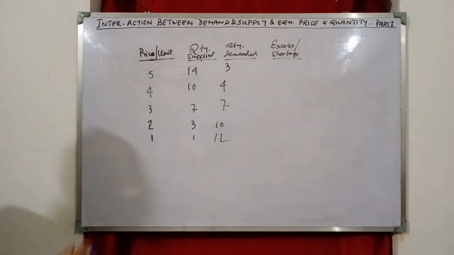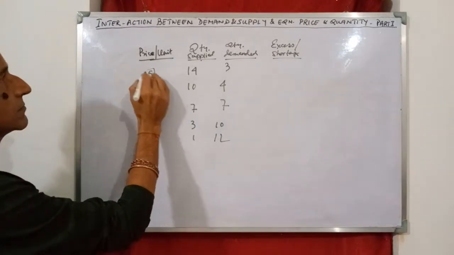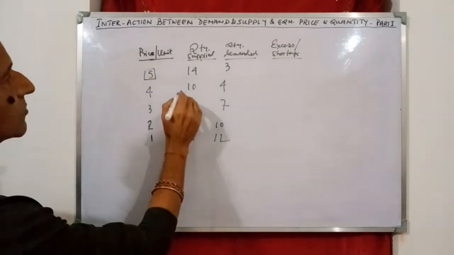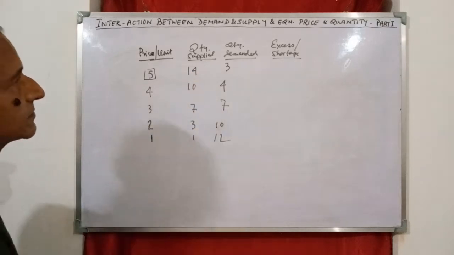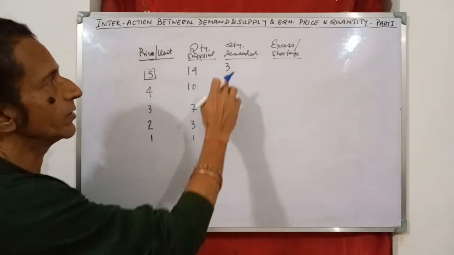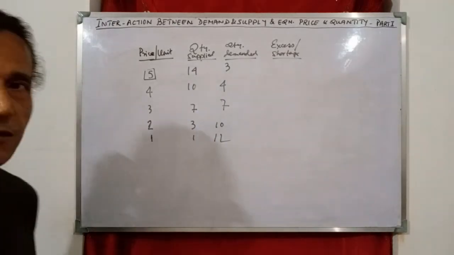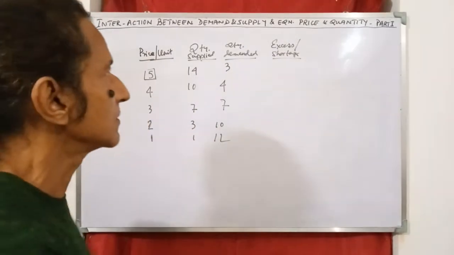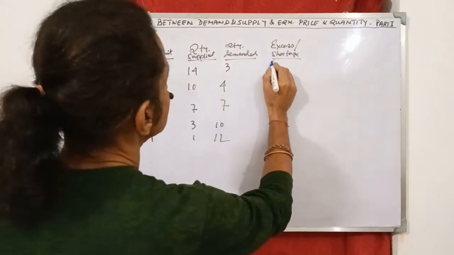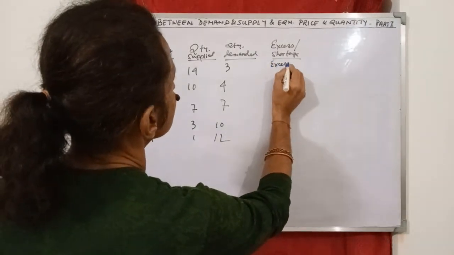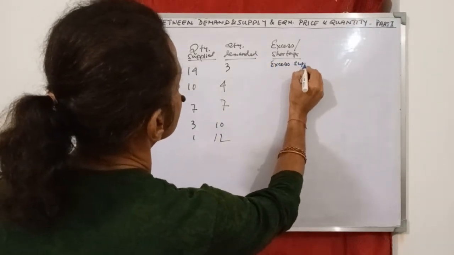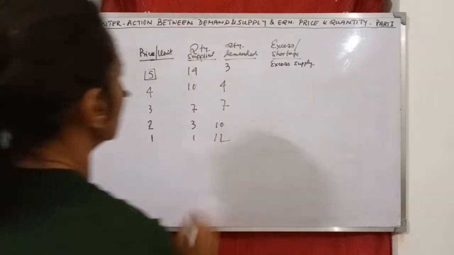So, when price is 5, quantity supplied is 14 and quantity demanded is 3. This means there is excess supply in the market. So there is excess supply.